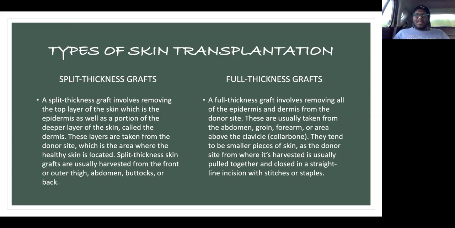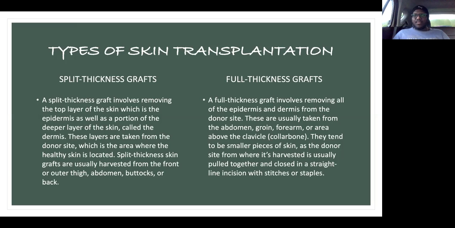These layers are taken from the donor site, which is the area where the healthy skin is located. Split thickness skin grafts are usually harvested from the front or outer thigh, abdomen, buttocks, or back.